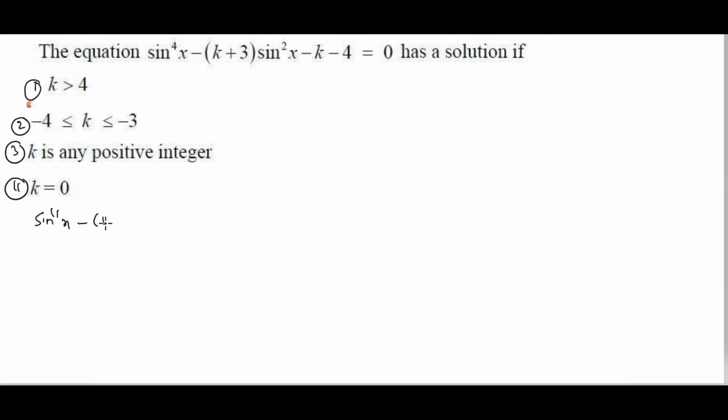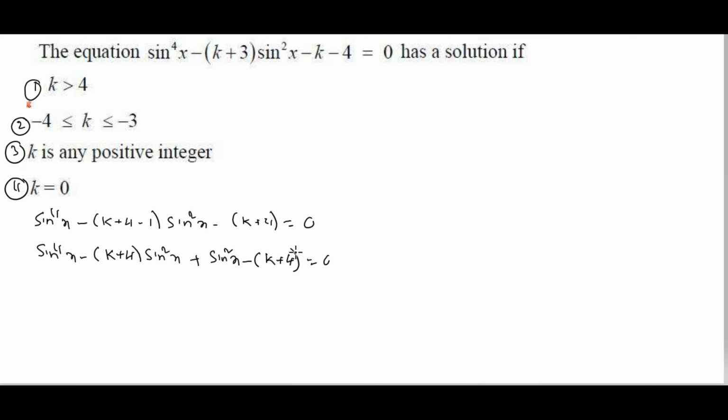minus of this k plus 3 is written as k plus 4 minus 1 into sin square x minus take common, that is k plus 4 is equal to 0. So this is sin power 4x minus (k plus 4) into sin square x, minus into minus plus sin square x, minus (k plus 4) is equal to 0.